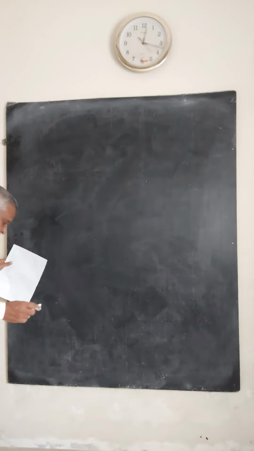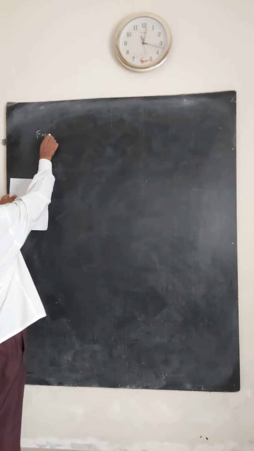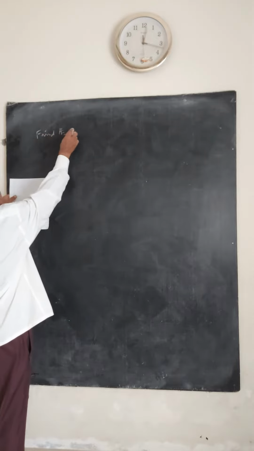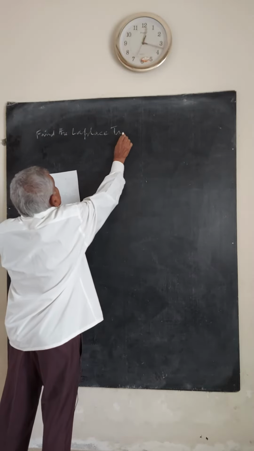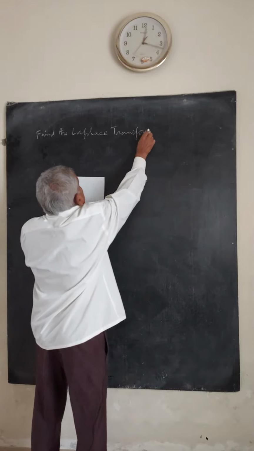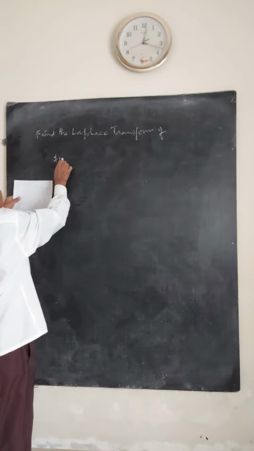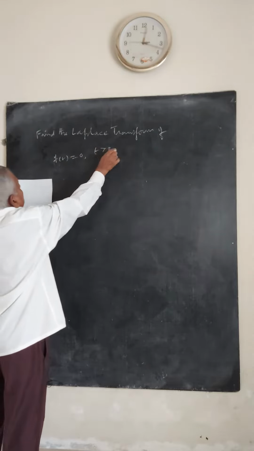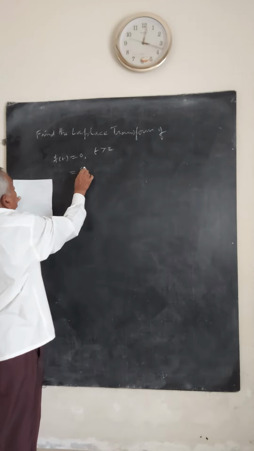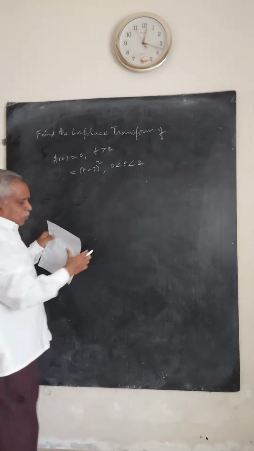First sum. Find the Laplace transform of f of t equal to 0 for t greater than 2, equal to t minus 3 whole square for 0 less than t less than 2.